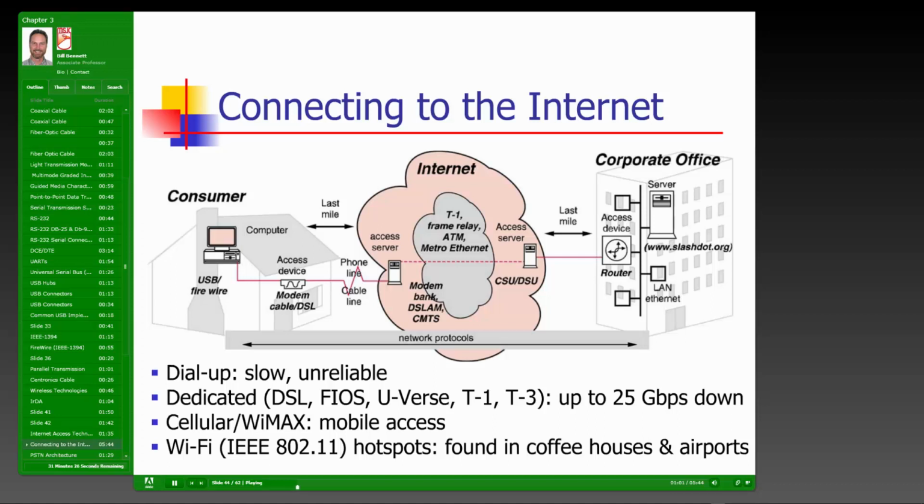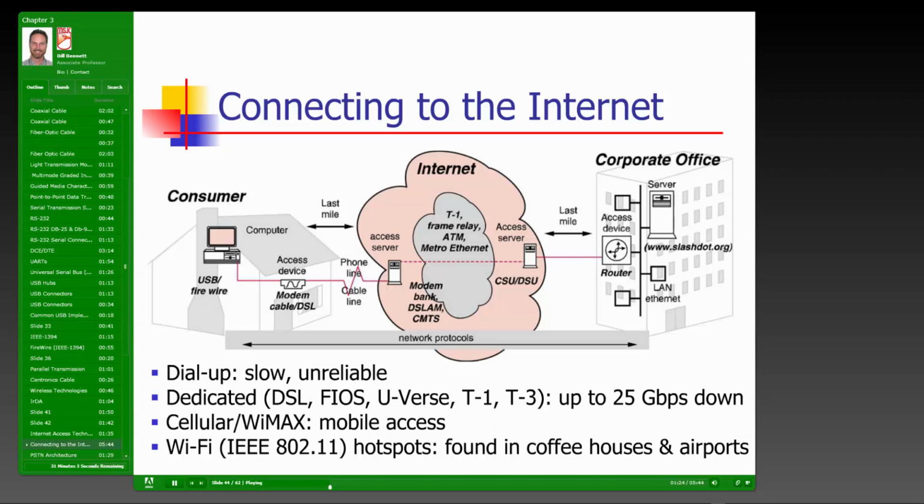Now the actual first link that you're going to make would be the telecommunications company, and then they're going to forward it over to your ISP. Many times these days, again, they're one and the same, but you might have a third-party internet service provider. And so where you see the access server there, that would represent your ISP. That's the actual device that's giving us access to the internet.